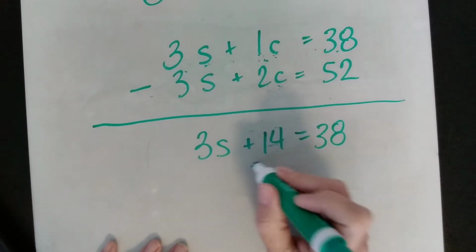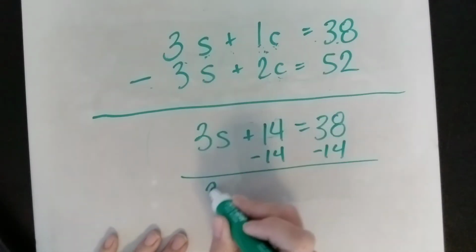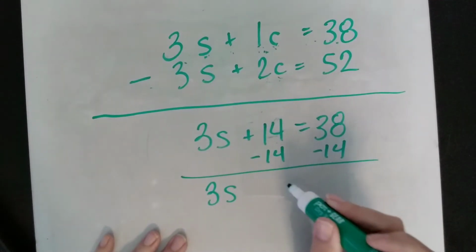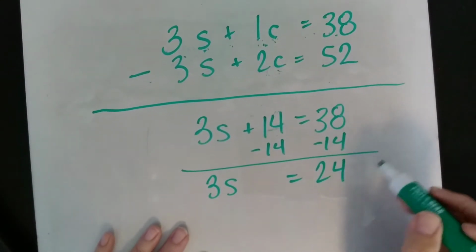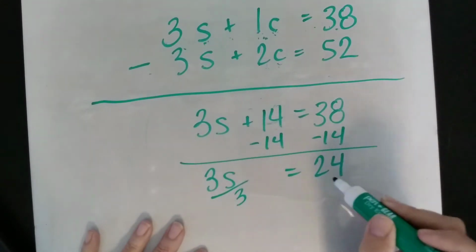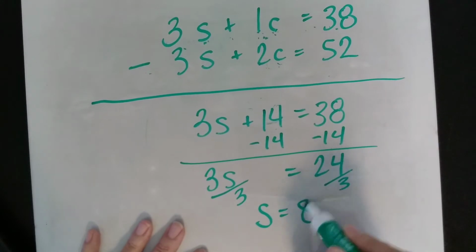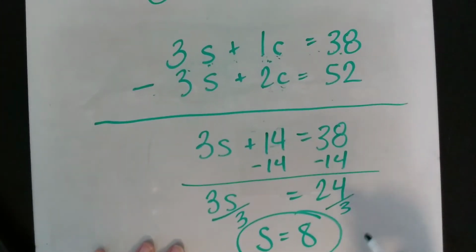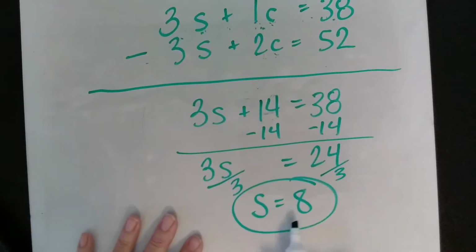I'm going to subtract 14 from each side. I'm going to get 3 senior tickets cost $24. And then if I divide each side by 3, I'm going to get 1 senior ticket costs $8. So we know that a child ticket costs $14 and a senior ticket costs $8.